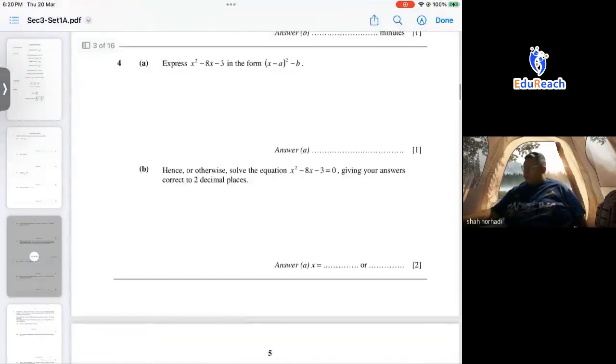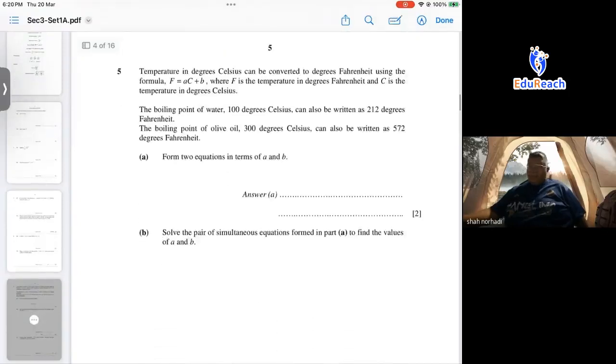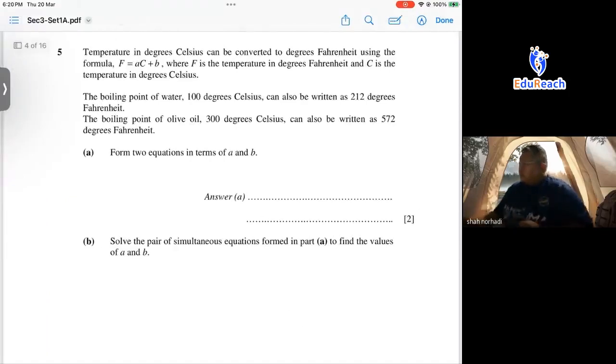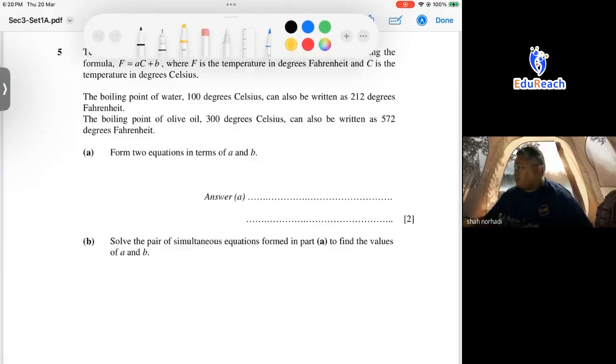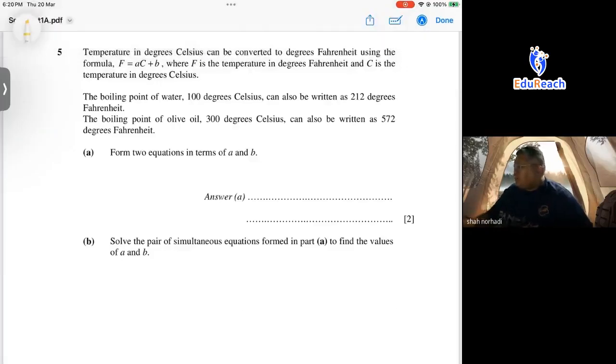Question number 5. Now this is a simultaneous equation. If you read the question, they already give you the formula. Fahrenheit equals A times Celsius plus B. The boiling point of water, which is 100 degrees, can also be written as 212 degrees Fahrenheit.